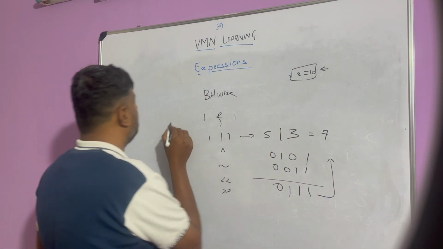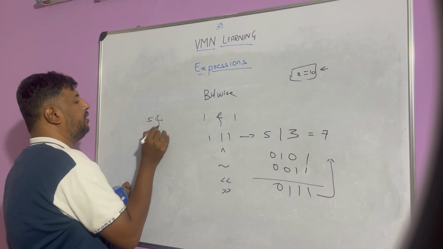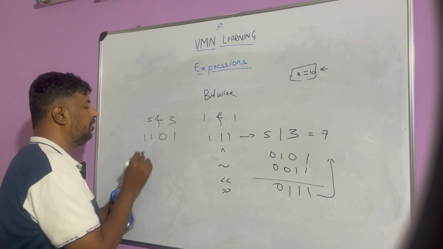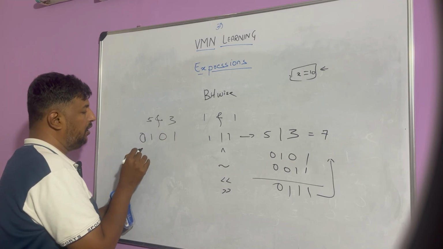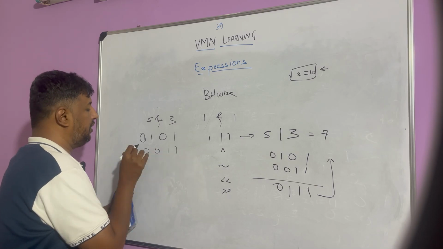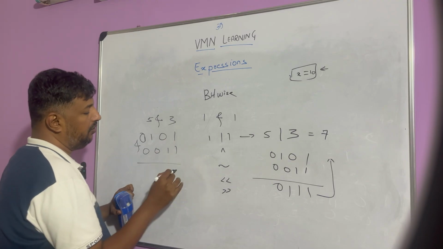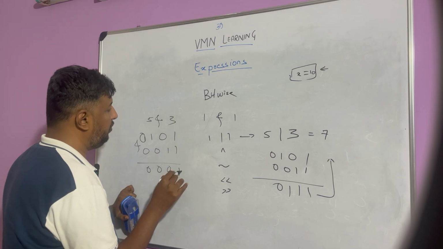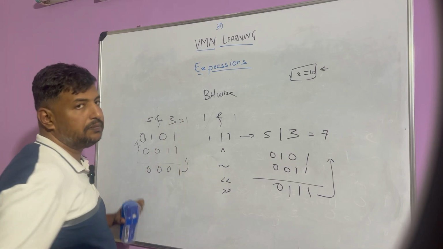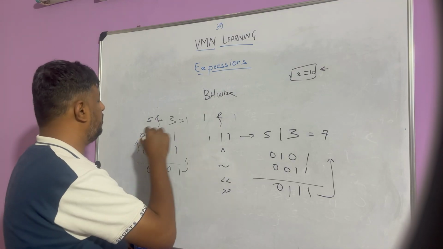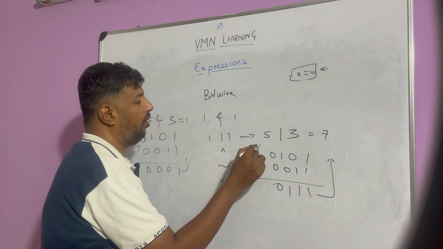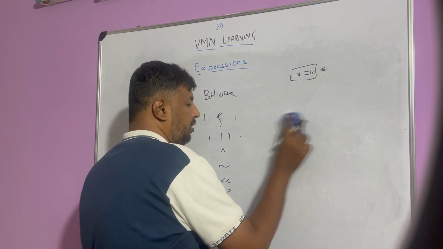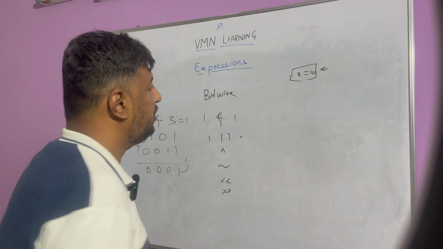Similarly, if I say 5 AND 3, 0, 1, 0, 1 and 0, 0, 1, 1. Now there will be AND: 1, 1, 0, 0, 0, 1. The value will be 1 for AND. This is for OR. Coming to the bitwise XOR, right?